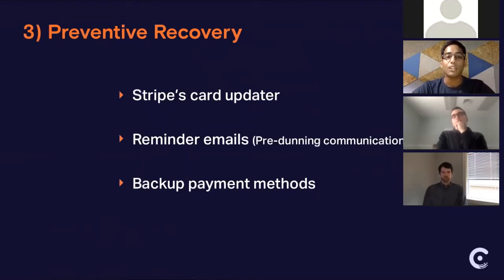If a card is updated on the network, it's automatically updated in Stripe's records, and so it's automatically updated for you as well. So no involvement from your customer, and the card is updated automatically. But just in case a few cards slip through the cracks, reminder emails can be a huge advantage.